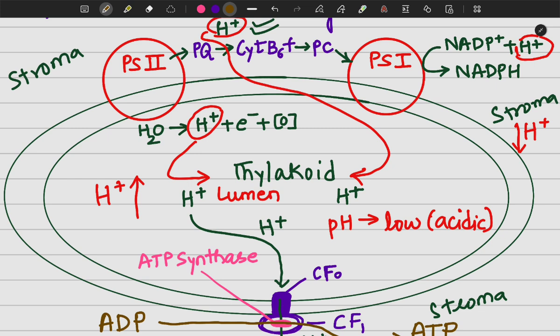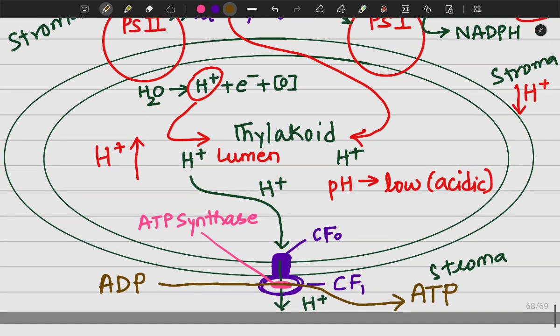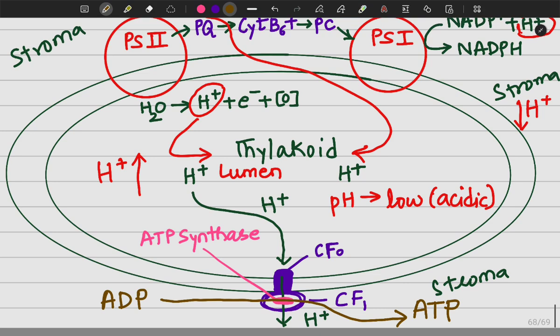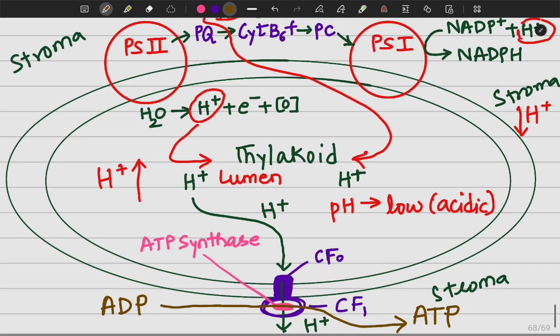Now we need to break this proton gradient to establish an equilibrium, right? So for that, the ATP synthase enzyme comes into the picture.